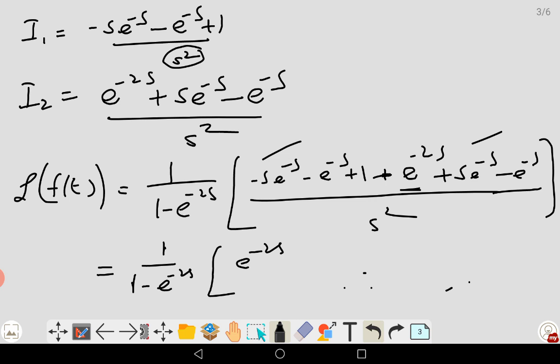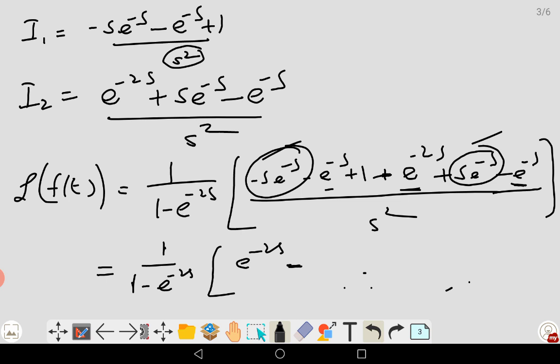Next, minus 2 times. See, this term and this term got cancelled, so only 4 terms are there. These two are same, negative.